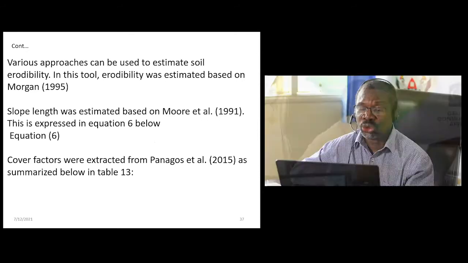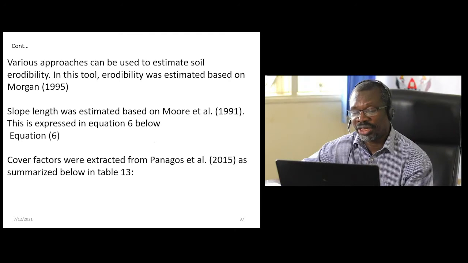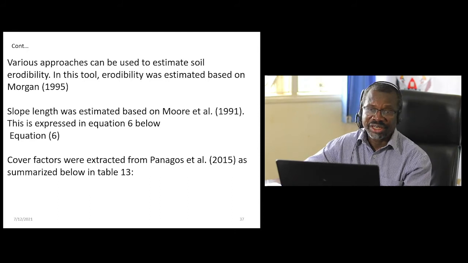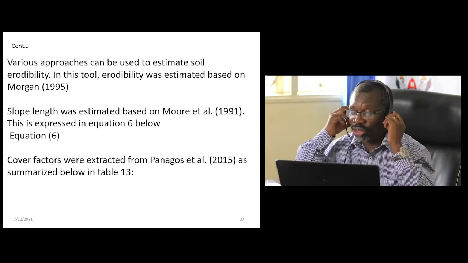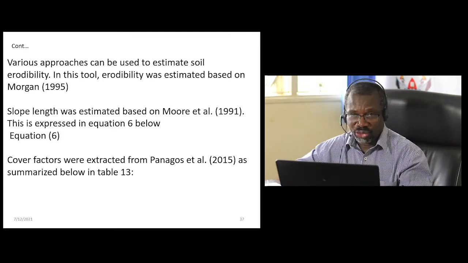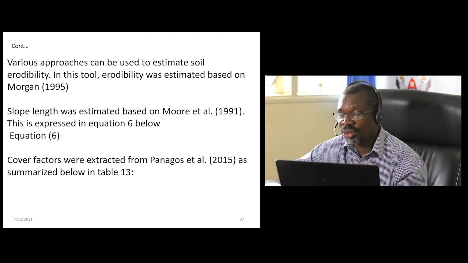So we also used Moore et al. 1991 to determine the slope length in QGIS. And for the C factors, we borrowed the values from Panagos et al. 2015.